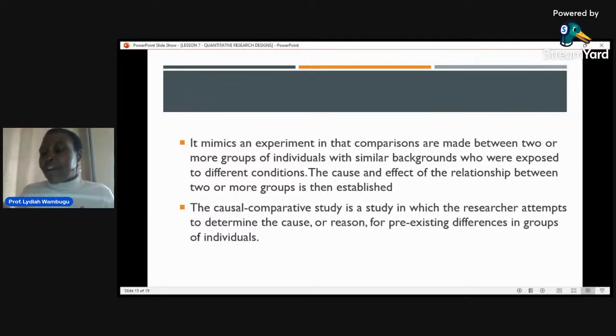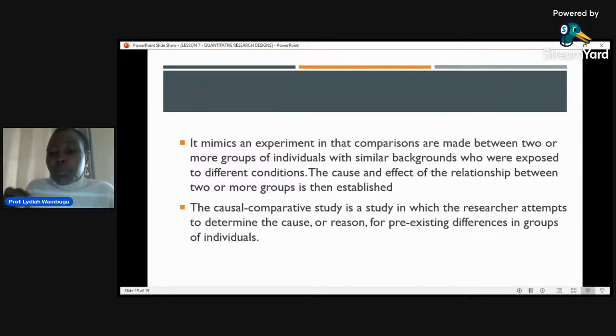And of course, even with this one, like we shall see, needs the elimination of all extraneous variables. It is not as simple as just saying, because there has been a change in weight, then soda causes weight gain. But that example is to differentiate between ex post facto and experimental. So here, you are the one who has formed the groups and you have brought in the intervention.